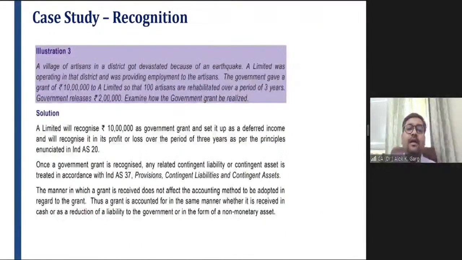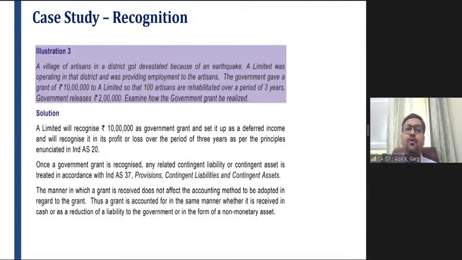Illustration number 3. A village of artisans. You know what is meant by artisans? So artisans are those persons who are engaged in the manufacturing of handmade articles. A village of artisans in a district got devastated because of an earthquake.